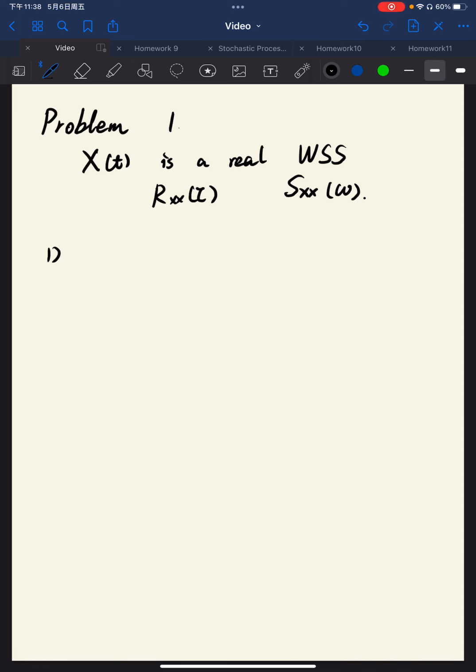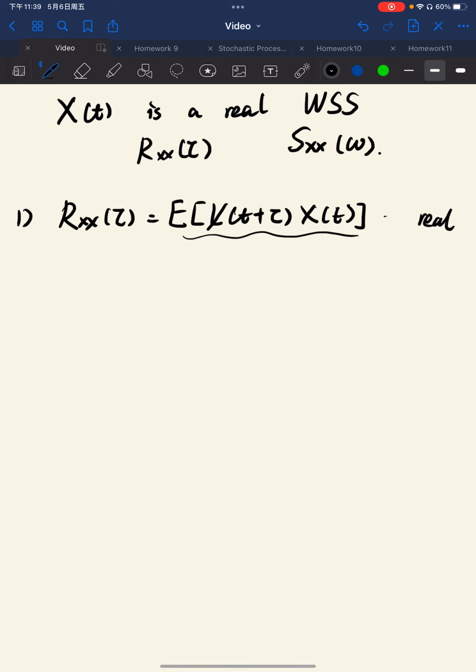Since we already know that it is wide sense stationary, the correlation is equal to the expectation of x(t+tau) and x(t), and this should be a constant which is real.